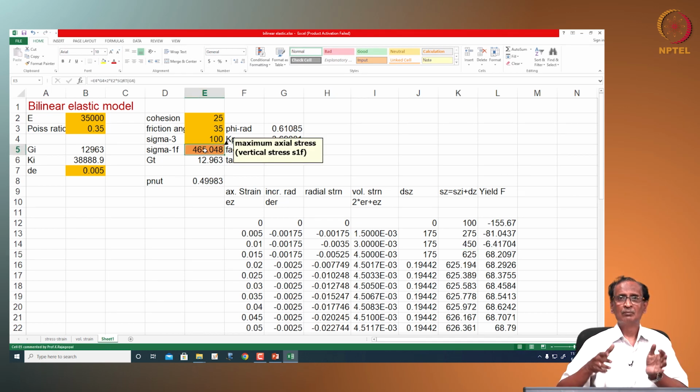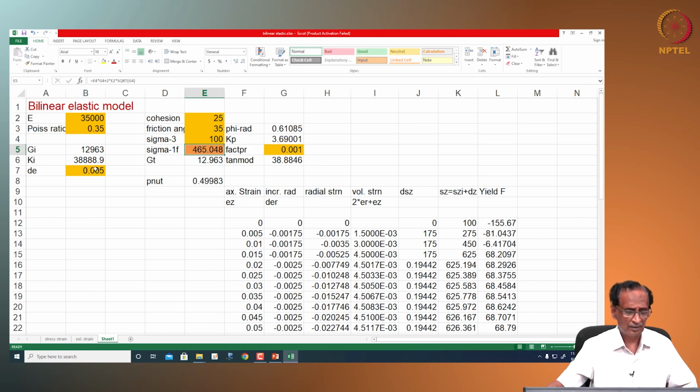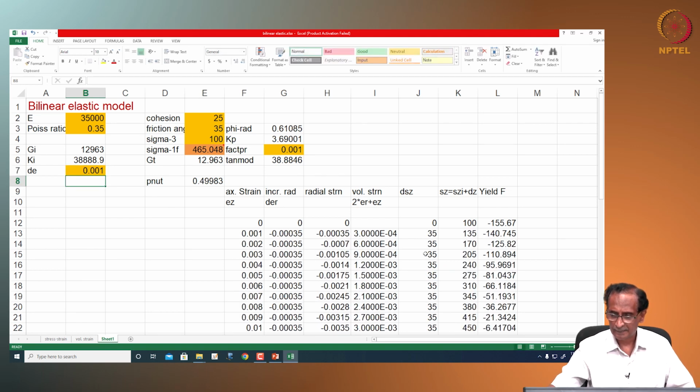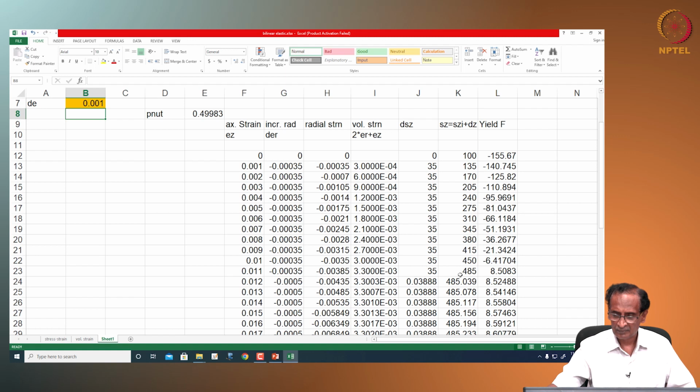So, we see that the accuracy of the solution depends very much on the axial strain increment. Let us now apply this in very small increment 0.001. Okay, and now we see that our predicted stress is 485, which is better than 520, but then our number of load steps has increased. So, that means that we have to spend more time and more computational effort to improve our solution.